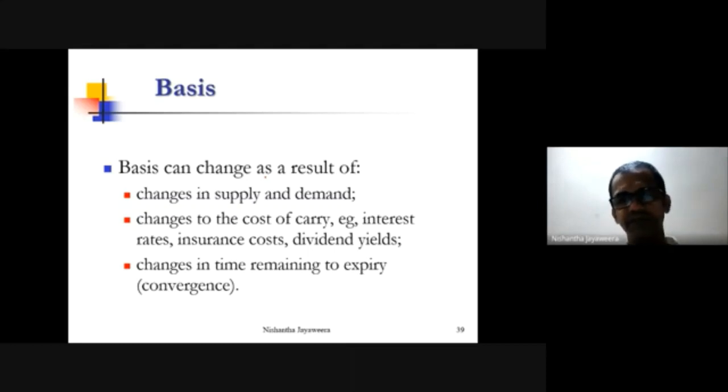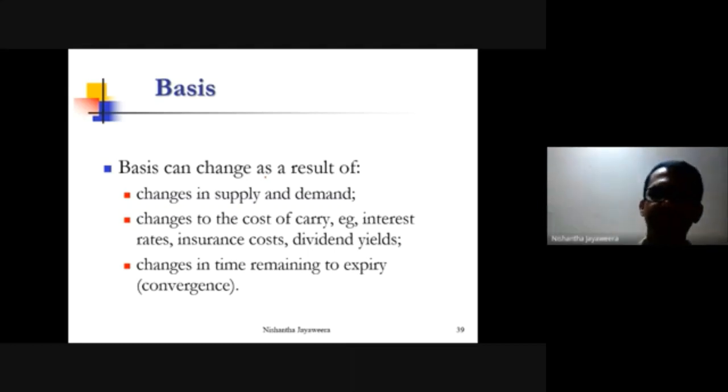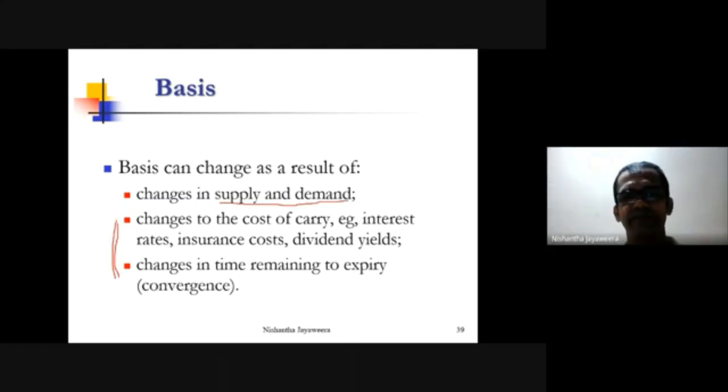That's based on the theoretical model that we discussed. But in practice, apart from these two, which are already in the model, changes in supply and demand also cause a change in the basis.